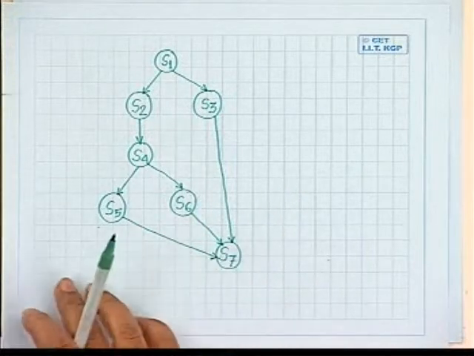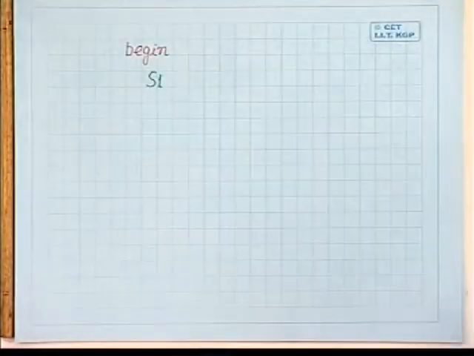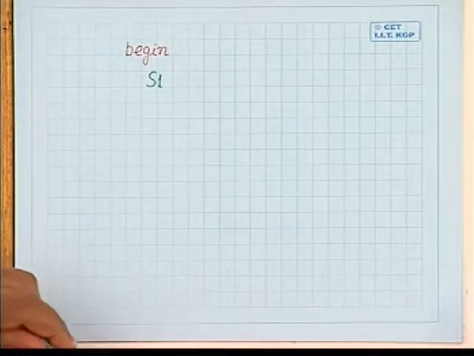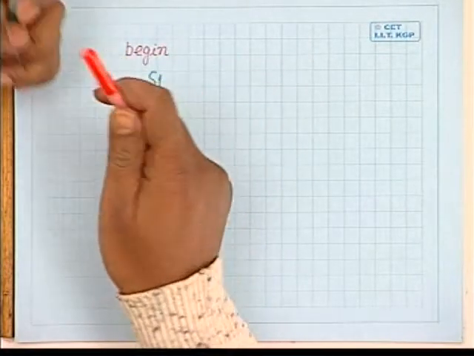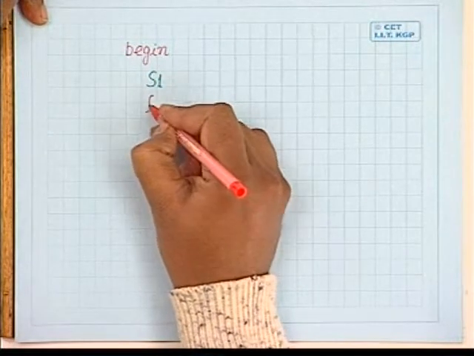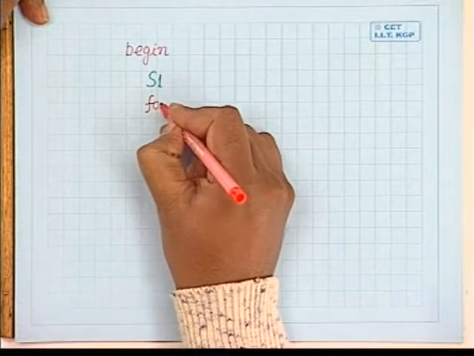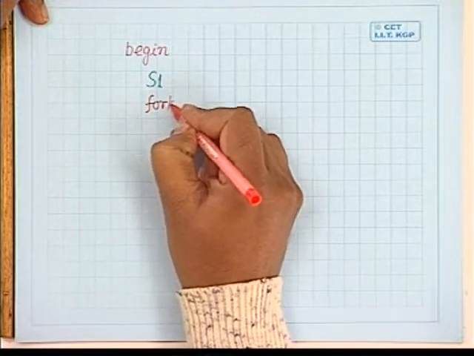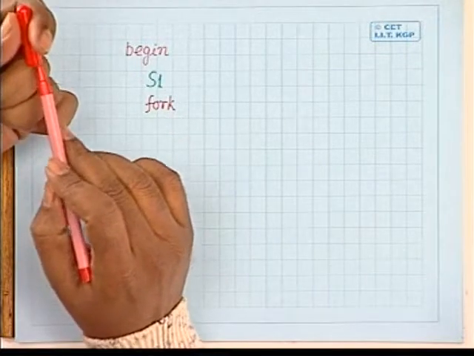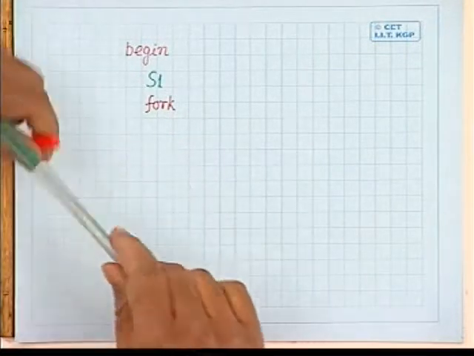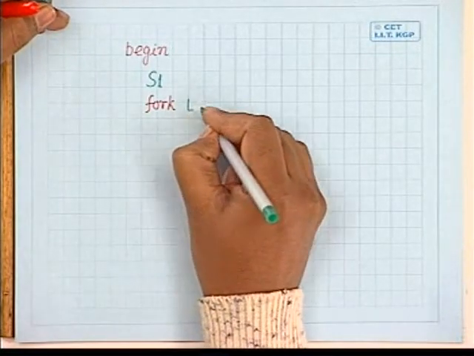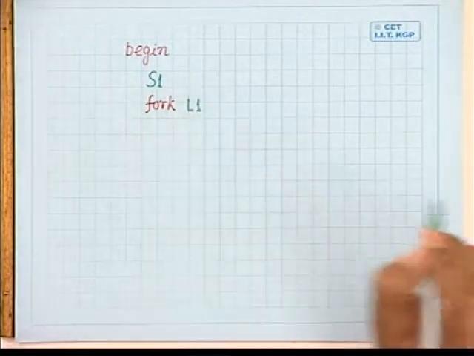So the system call that we will assume is a fork system call. I have a system call called fork for creation of a process. And the fork system call has to work with a label. So I'll say fork L1.